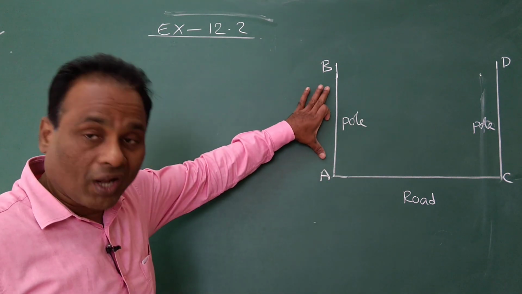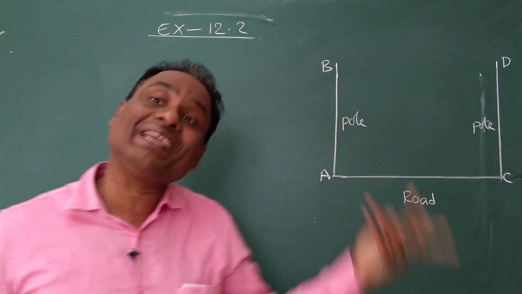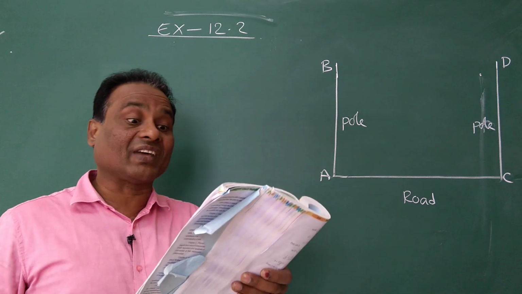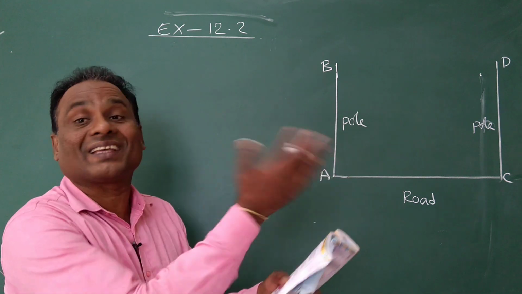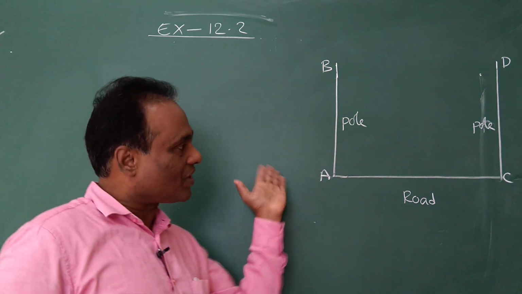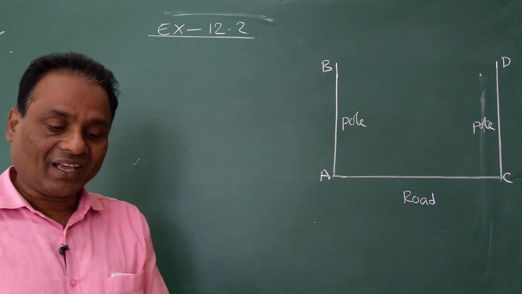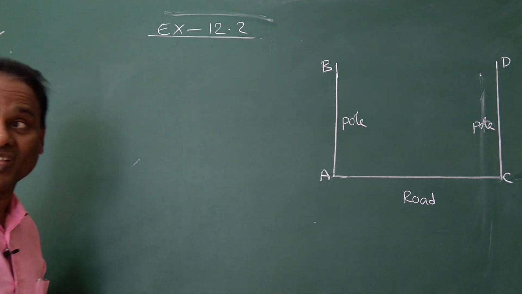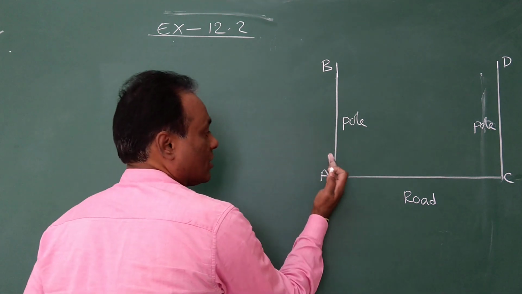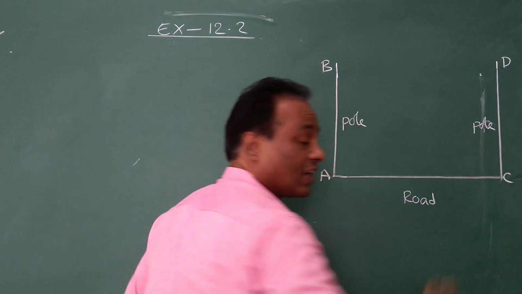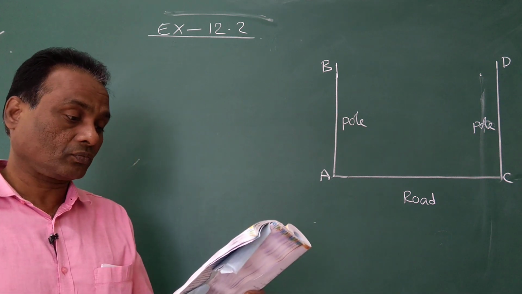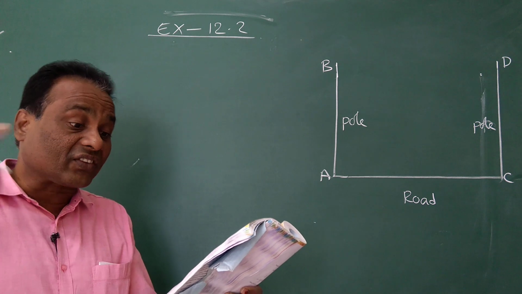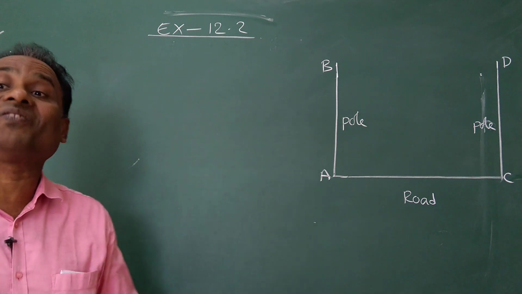This is one pole, this is another pole. Both are equal heights. Two poles of equal heights are standing opposite to each other, one pole this side, one pole the opposite side, on either side of the road, which is 120 feet wide.